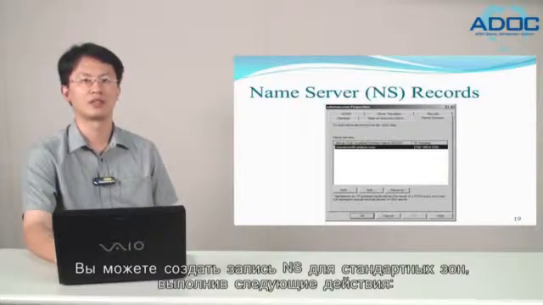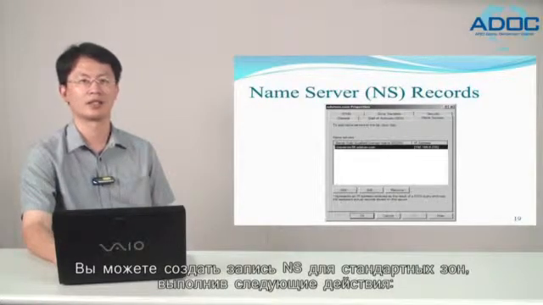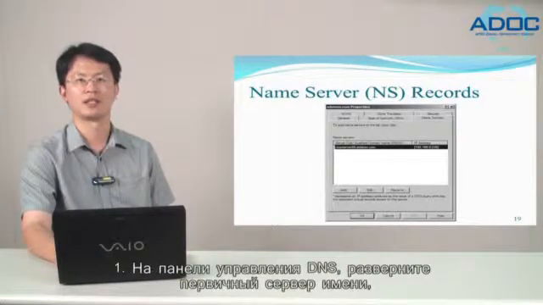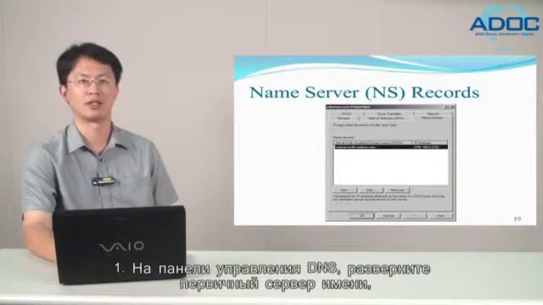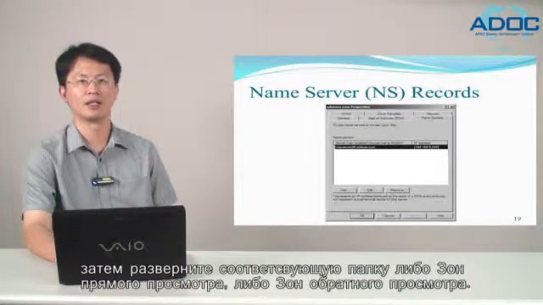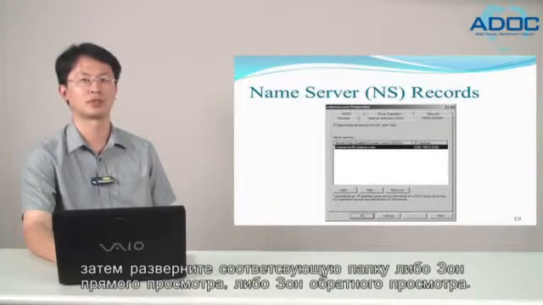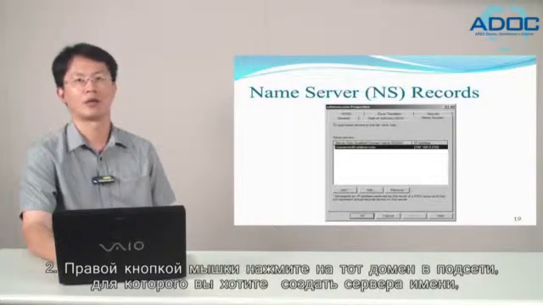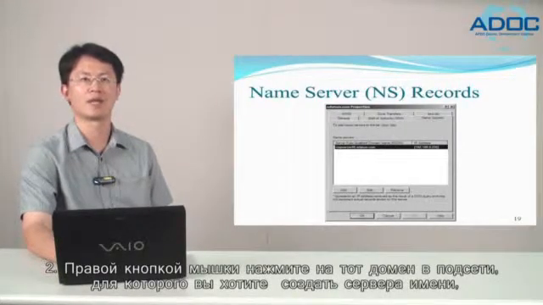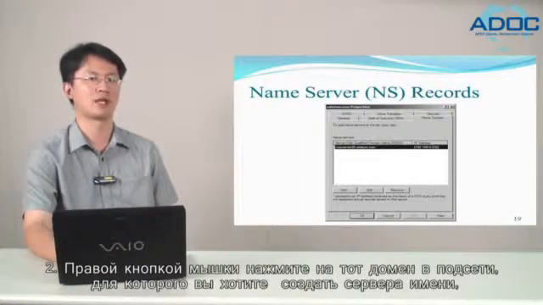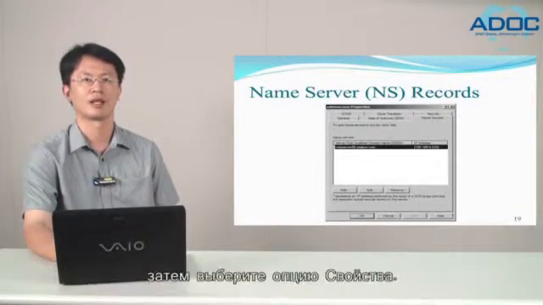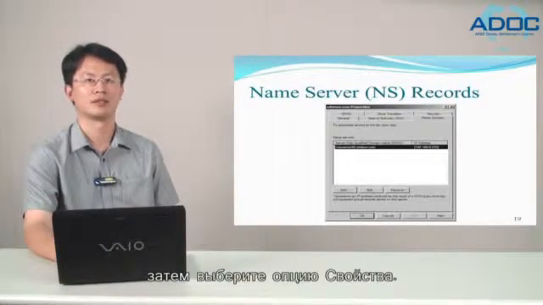For standard zones, you can create an NS record by doing the following. First, in the DNS console, expand the node for the primary name server, and then expand the related forward lookup zones or reverse lookup zone folders as appropriate. Second, right-click the domain or subnet for which you want to create name servers, and then select Properties.